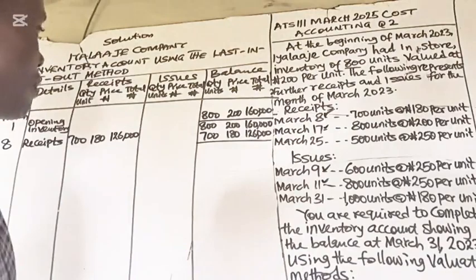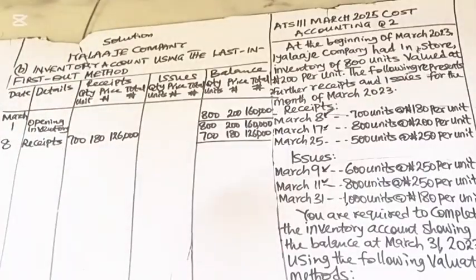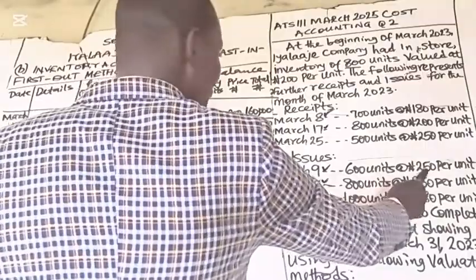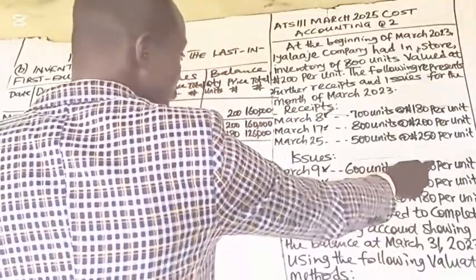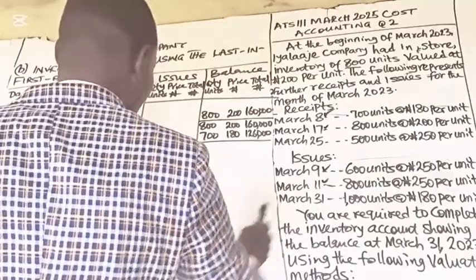After the 8th of March, the next transaction happens on the 9th of March, in which 600 units were received at the price of 215 per unit. I've told you this price attached to the issue is the selling price, and that is not the price at which issue should be made.